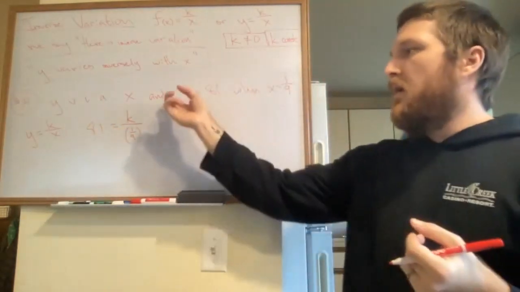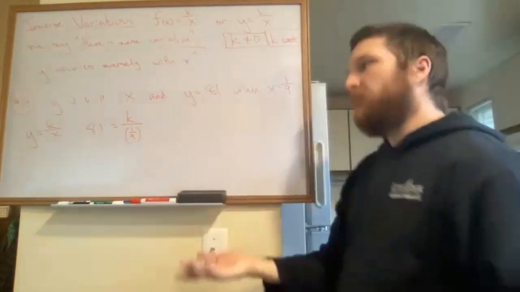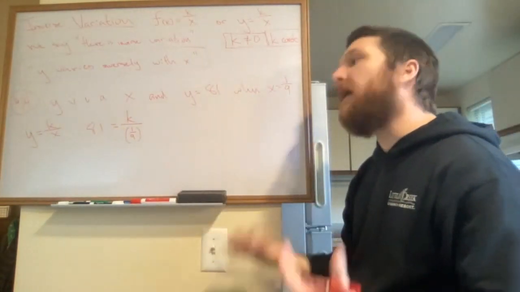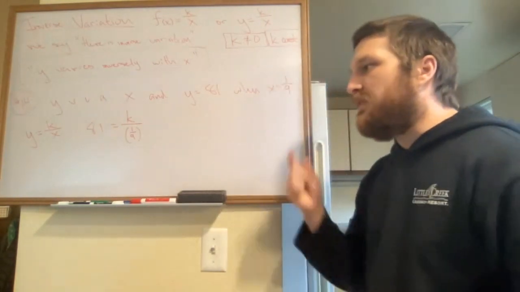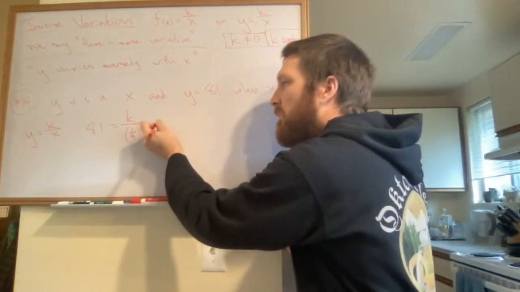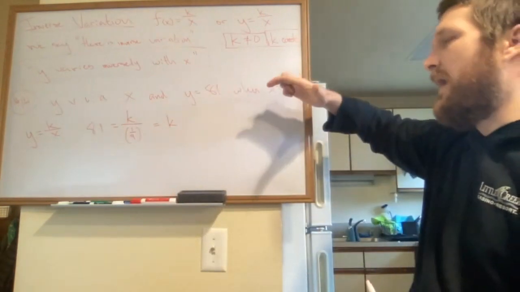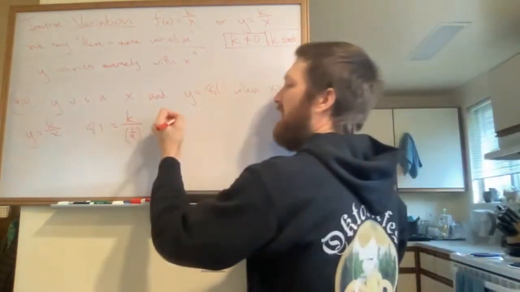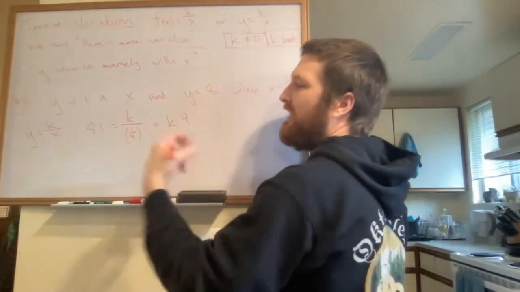Now we have a fraction in the denominator. No big deal, really. There's a couple different ways we could take care of this. But when I think of divide by a fraction, that means what? Multiply by its reciprocal. So I have K in the top and I multiply by 9 over 1, which I'm not even going to write. It's just 9.